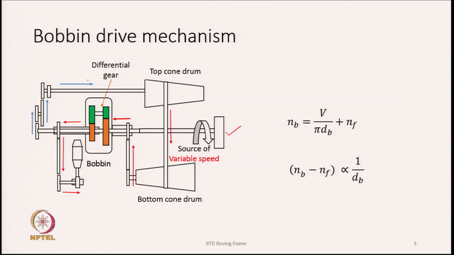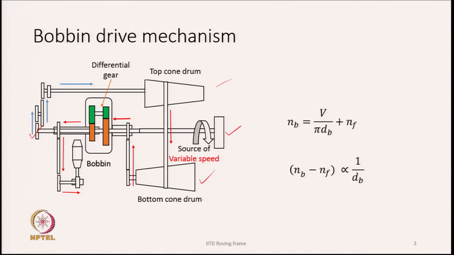Now, if you look at the blue arrows, at the other end of the main shaft there is a gear here, and from this gear the motion goes to the cone drum. So, there we have a top cone drum, and then we have another drum at the bottom, we call it the bottom cone drum, and these two cone drums are connected by a belt.